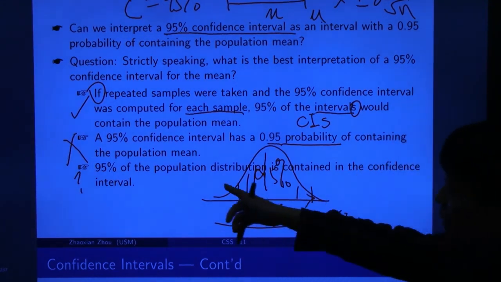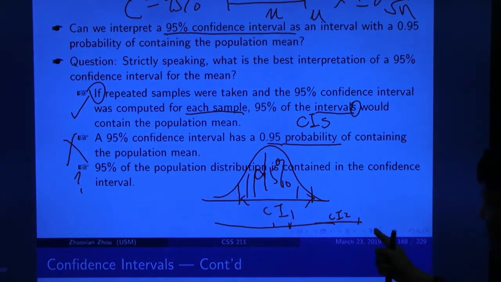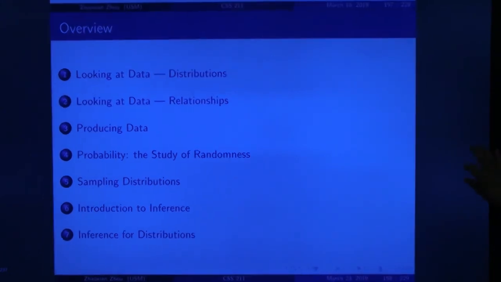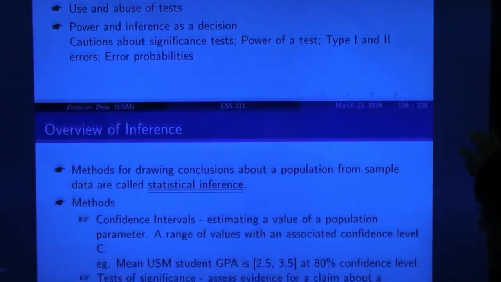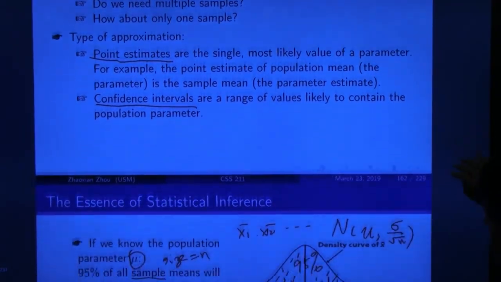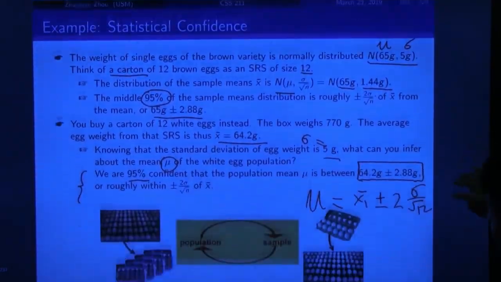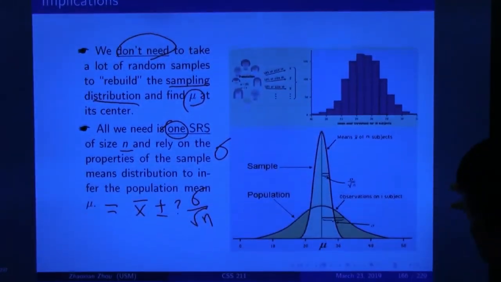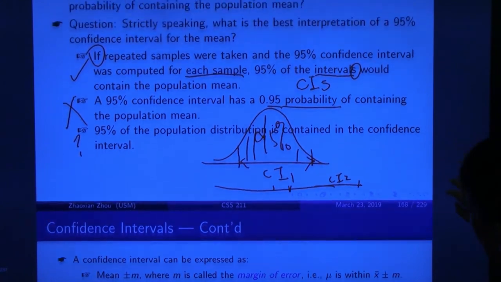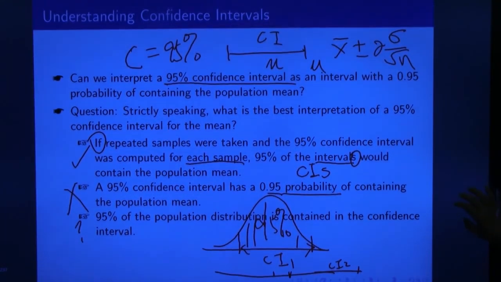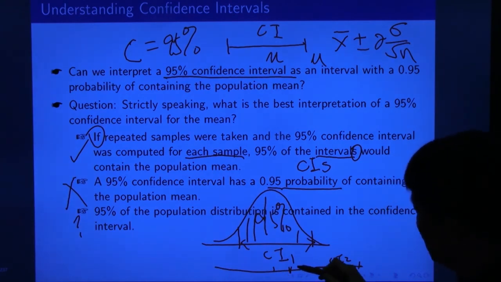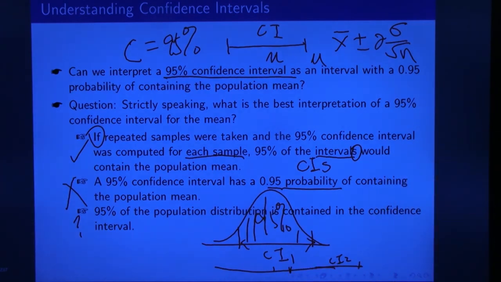And based on this interpretation, this one will contain 95% of the population. So this one here will contain 95% of the population.